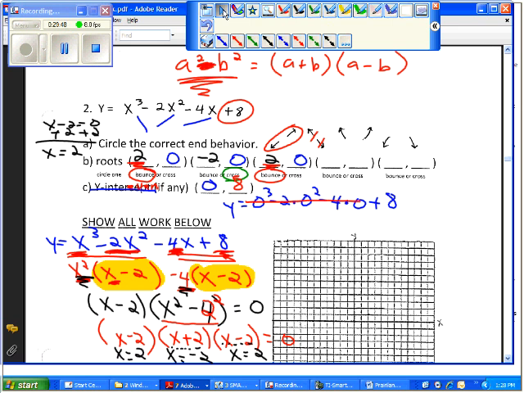So we know the end behavior is up, down, leaning to the right. We know it bounces at 2, crosses at negative 2, and the y-intercept is positive 8. All right, so we're going to get an idea of what this thing's going to look like. Is everybody good there?